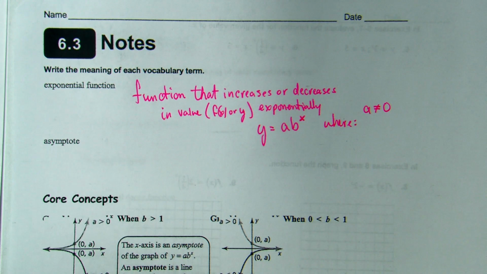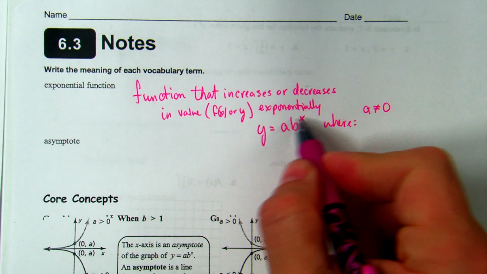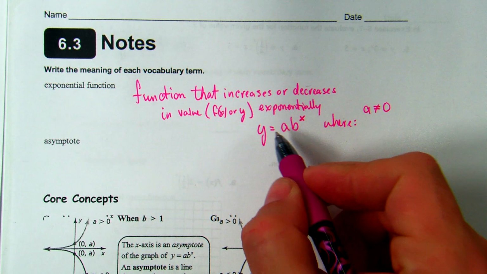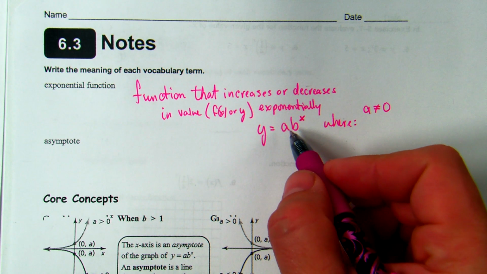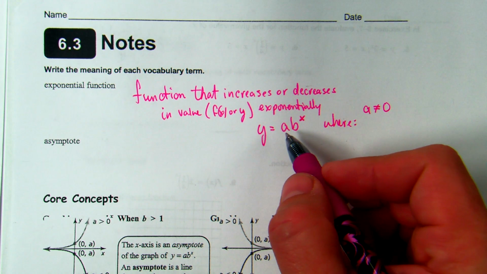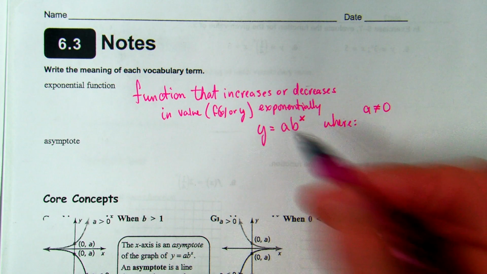If a equals 0, then the whole thing becomes 0 on the right side, and y equals 0 is not increasing or decreasing, it's staying the same. So that is not an exponential function.